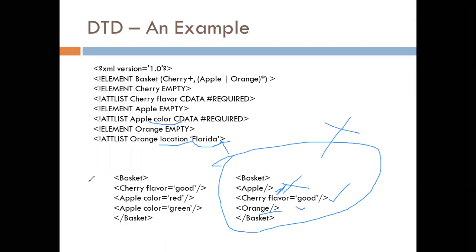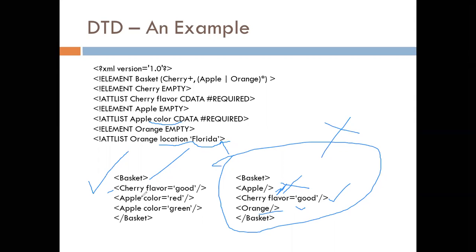This one is optional. Every basket element must compulsorily contain one cherry. Then if apple is written, the color should be there compulsorily and no data is present. And for orange, if it is present, then the location can be specified, whereas this location is not a mandatory field.